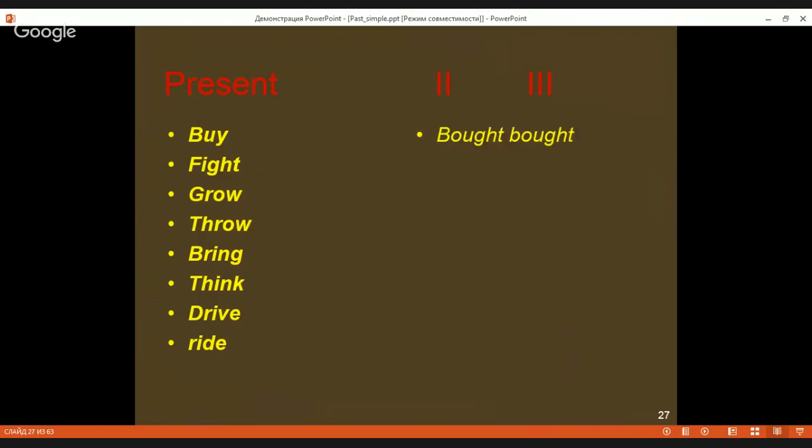So, buy, bought, bought. What about fight? Yes, you are right. Fought, fought. Let's have a look at grow, grew, grown. Now it's your turn. On your papers, please write down the three forms of the verb throw.